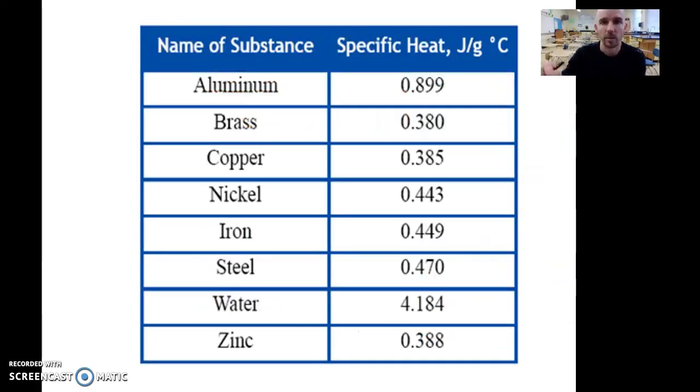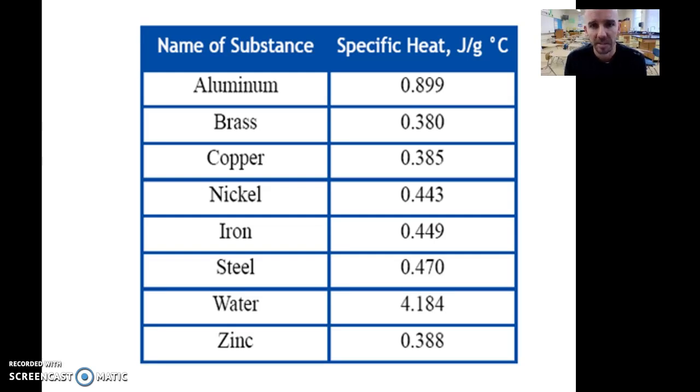If we just look at a few values of specific heat, we can see we've got aluminum, brass, copper, nickel, iron, steel. All of these, except for water, are metals. You notice that the metals have relatively low specific heat values. Having a low specific heat value makes something a good conductor of heat. Water has a high specific heat value, and so water is thought to be maybe a better insulator than some of the others like the metals.